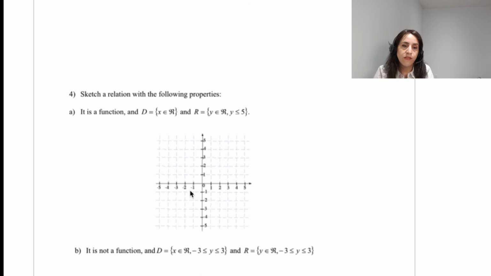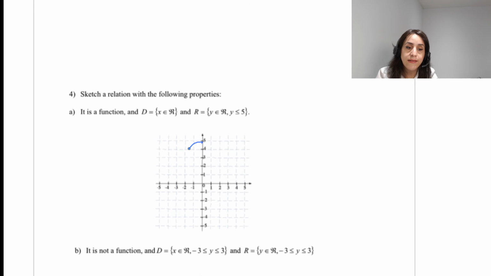Sketch a relation with the following properties. It is a function. Domain is all real numbers. Range is y, an element of the real numbers, but y has to be less than 5. Technically x has no restriction, but y has a restriction here. Then I can graph anything where the y value is less than 5.